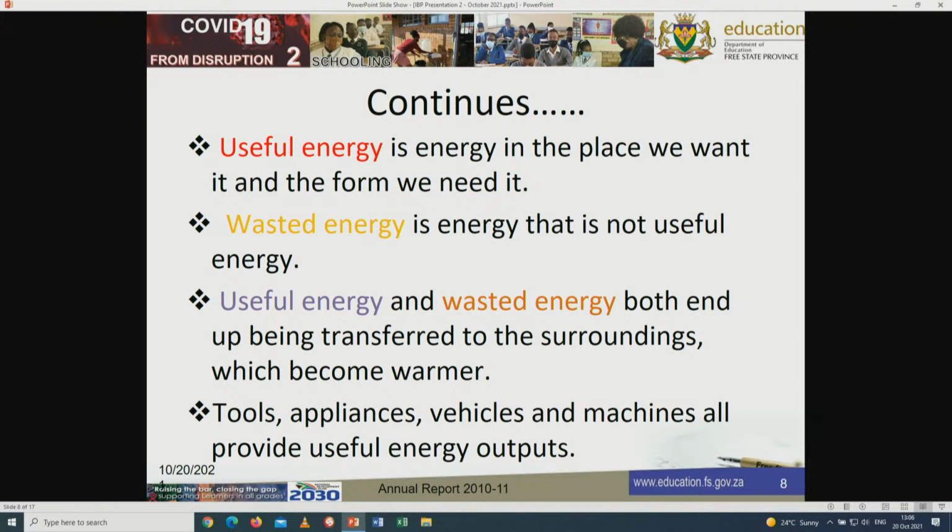But once it cannot be used as it's supposed to be, we are going to have what we call wasted energy. It's the energy that is not useful. And once it is like that, it is going to be released to the environment. Useful energy and wasted energy both end up being transferred to the surroundings, which become warmer.